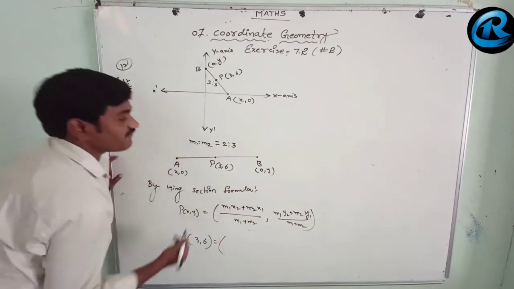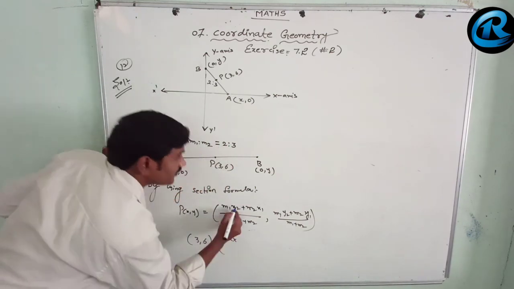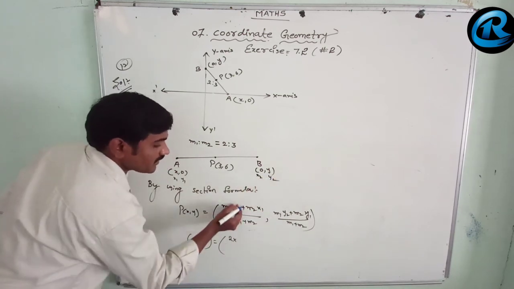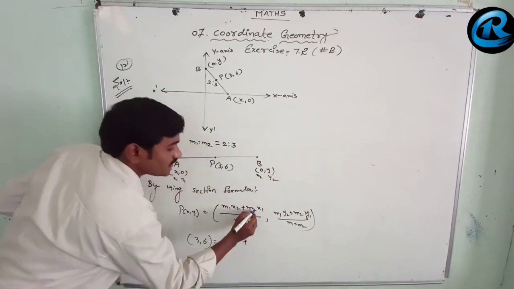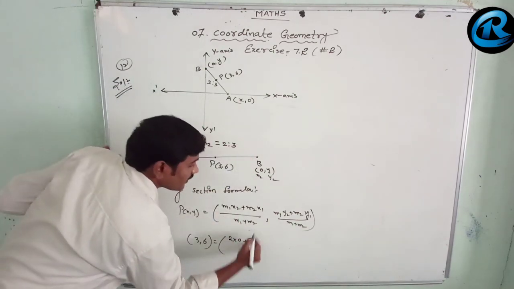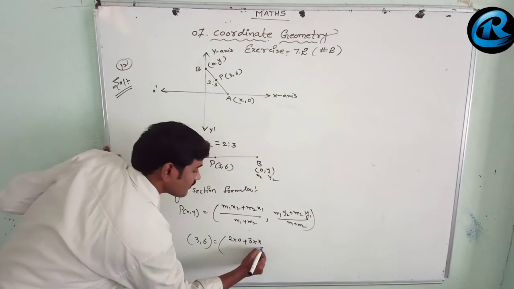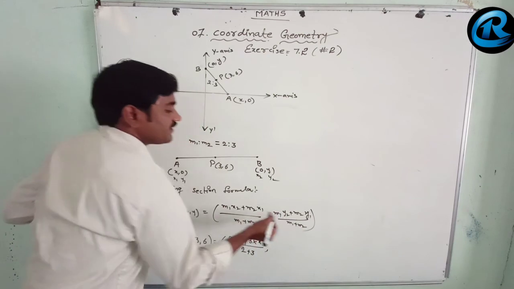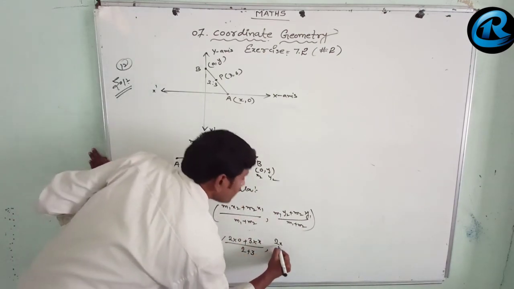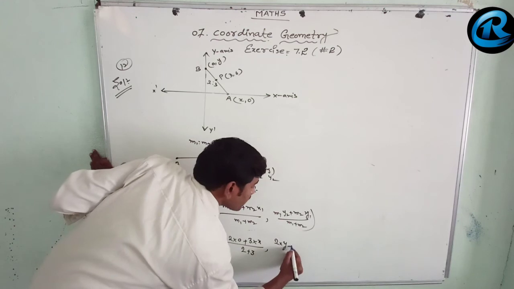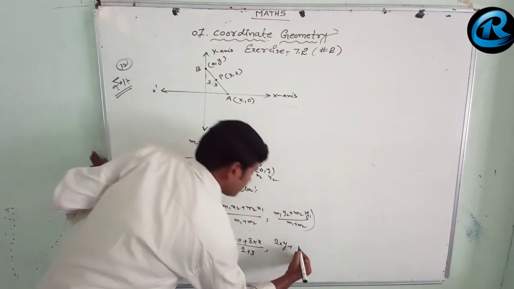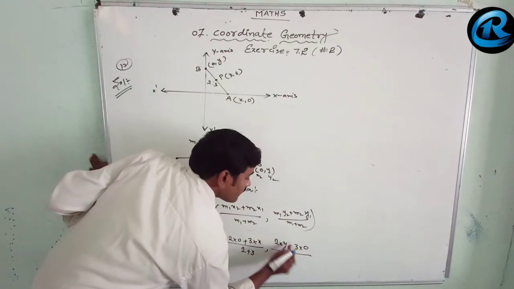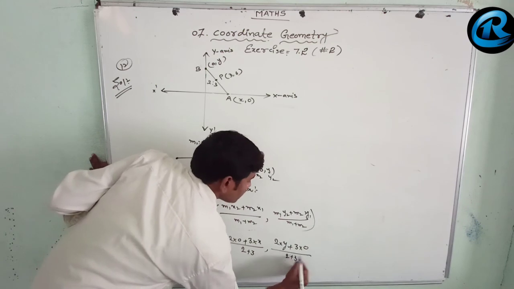That is equal to, with m1 = 2, x2 = 0, m2 = 3, x1 = x, divided by m1 + m2 = 2 + 3, and m1 = 2 into y2 = y, plus m2 = 3 into y1 = 0, divided by 2 + 3.